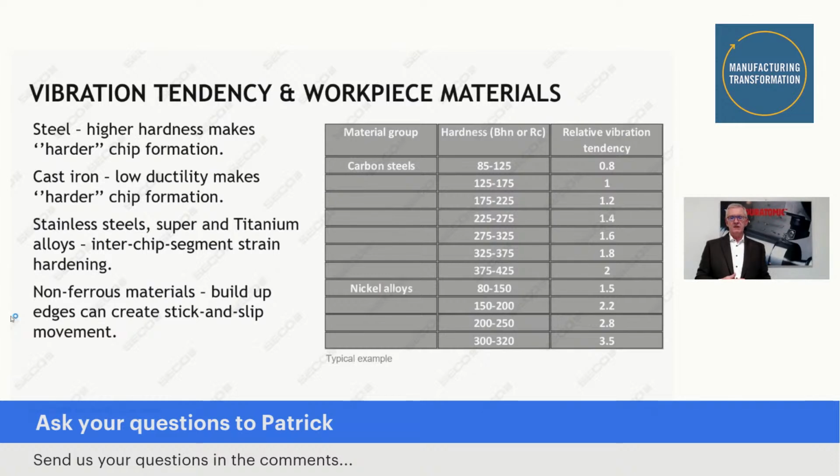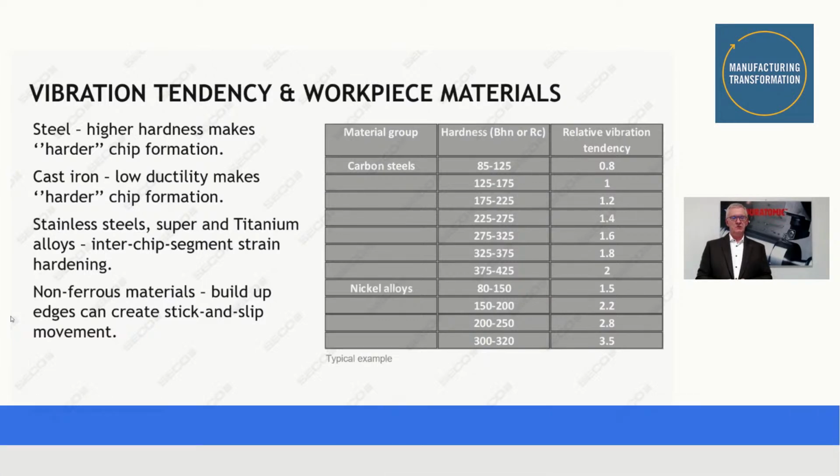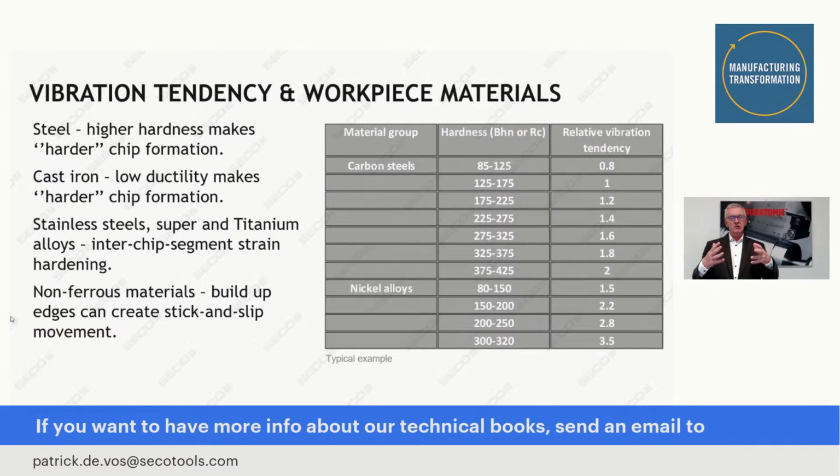And non-ferrous materials, we haven't been talking about those today, but perhaps one day we should spend some extra time, because those materials deserve the attention. In non-ferrous materials, micro vibrations can appear due to build-up edge phenomena, which would lead to stick and slip phenomena during machining.